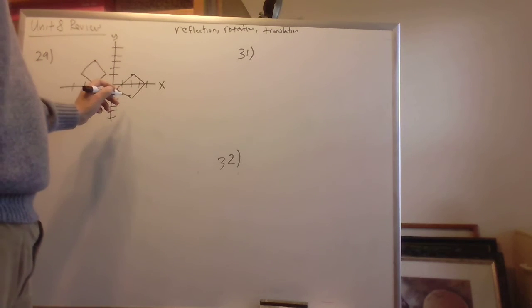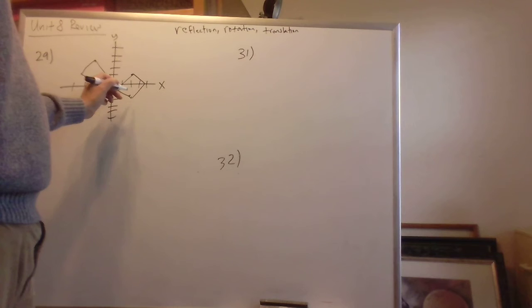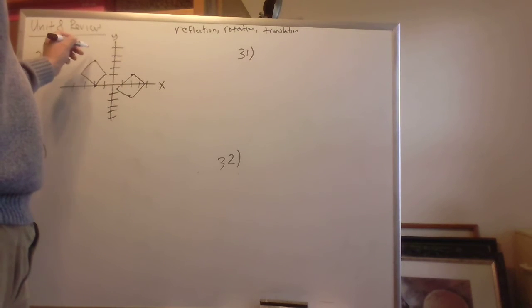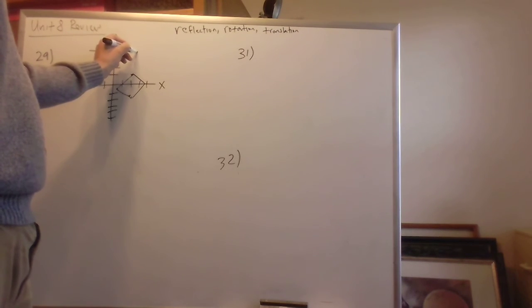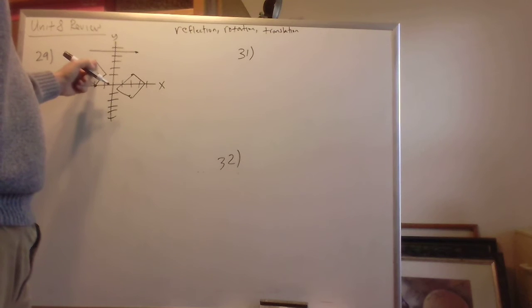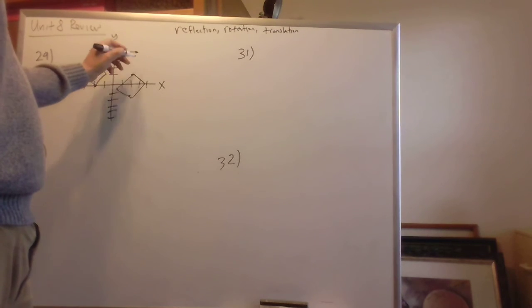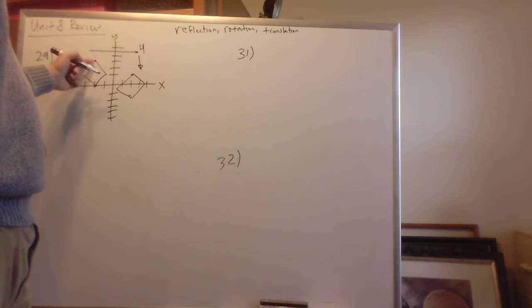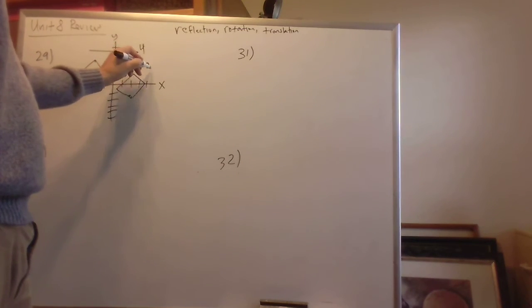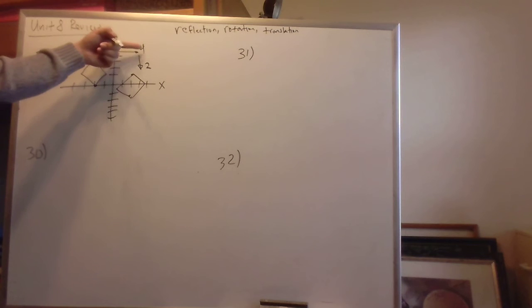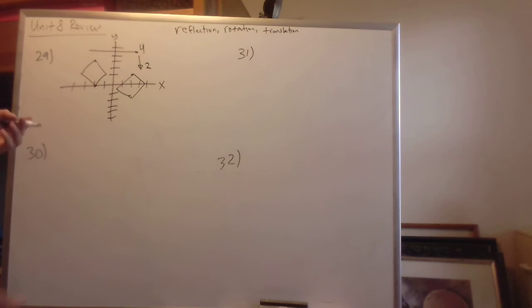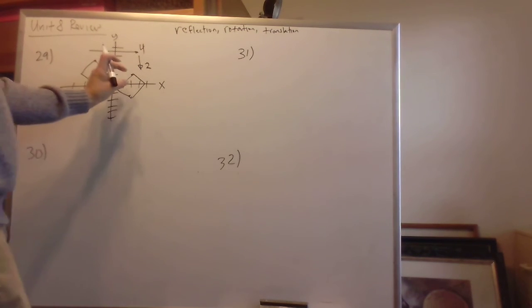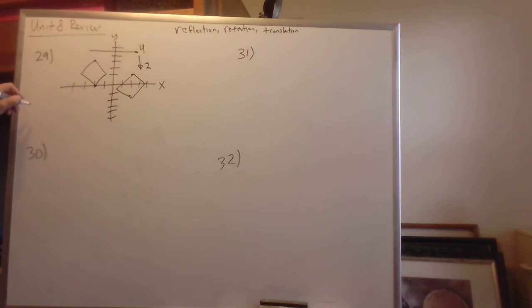I know this drawing is a little off, but essentially we moved this over 4 units to the right and 2 units down. And because we moved this diamond and now it's over in this location, that's going to be a translation.